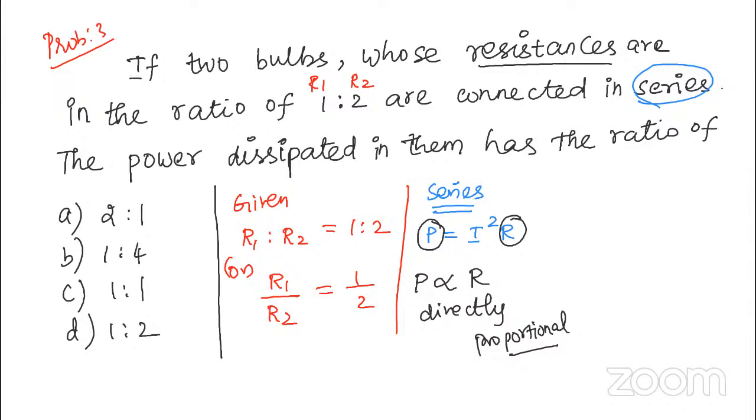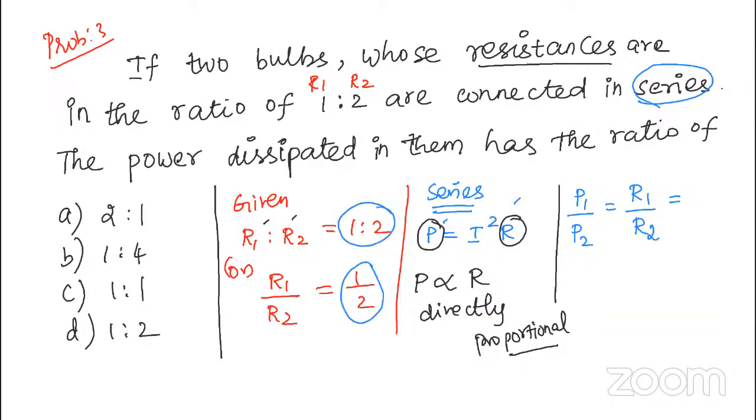So here R values are given. How will you write? We write P1 by P2 is equal to R1 by R2. Since it is directly proportional, P1 divided by P2 is R1 divided by R2. We already know the value of R1 by R2, that is 1/2.